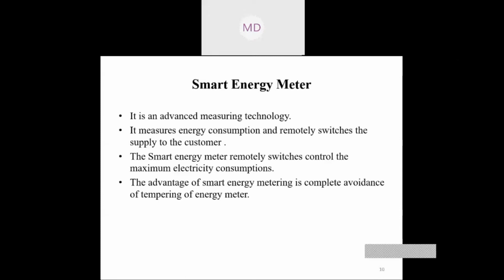These meters reduce the need to visit for reading the monthly bill. Modems are used in this system to facilitate communication, such as telephone, wires, fiber cable, and power line communications. Another advantage of smart metering is complete avoidance of tampering of energy meters, where there is scope of using power in an illegal way. Prashant, next slide.